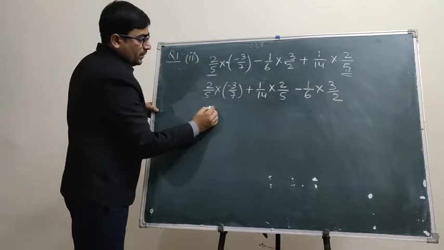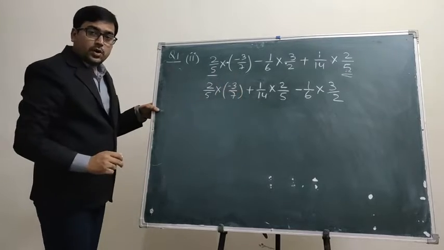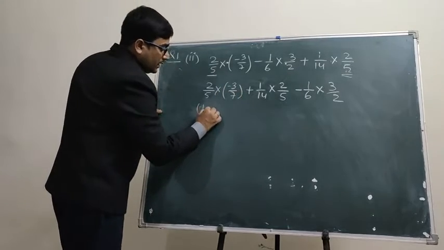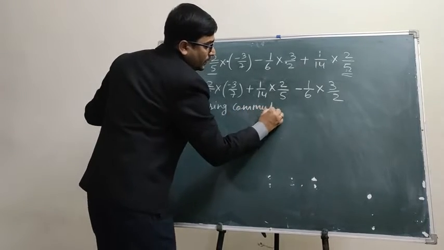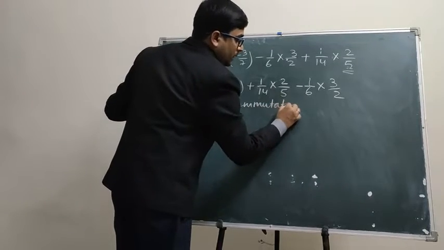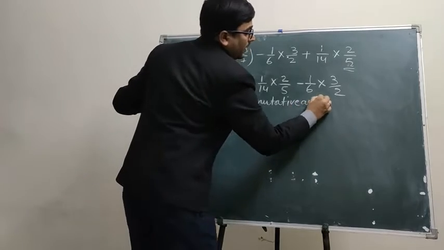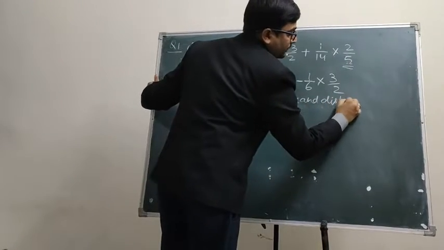From here again, the property used here is the commutative and distributive property.